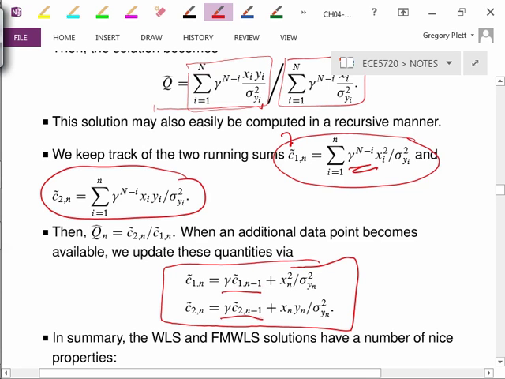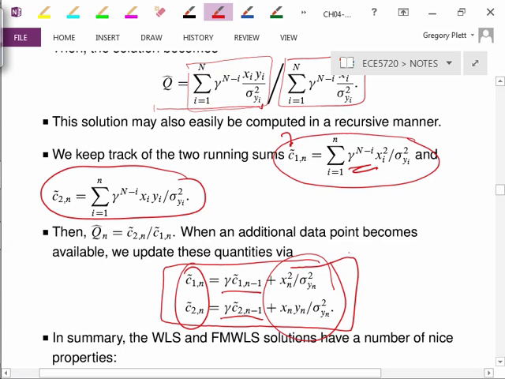The weighting was chosen in such a way that when you get to the final answer, it is really simple to do. I don't need any more memory than I did for the unweighted version. I need to store two variables. I update each variable by first multiplying by gamma and then by adding this new data point into the solution.